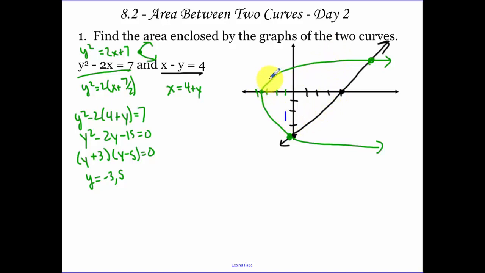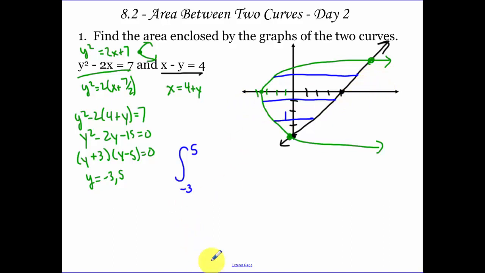But if you look at it like this, you're always going to have one function to the right of another function. So we're going to find our integral from negative 3 to 5 of the function that's to the right, all in terms of y.